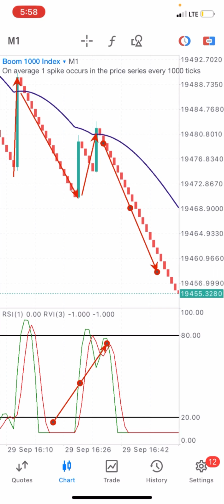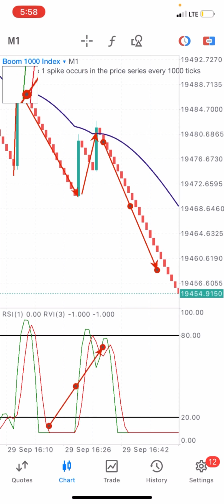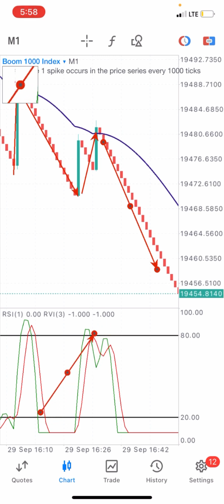So you put all of these confirmations together: the fact that the trend was downwards, the fact that your moving average is telling you that price is pushing to the downside, the fact that you have seen these two guys converge around level 80, which is the overbought region, which is the resistance zone, and then they are now pushing towards the downside from there.